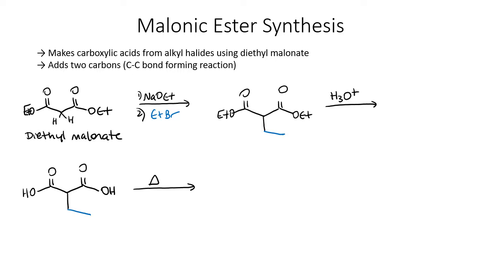Now, I'll go ahead and number the carbons so we can see what's going on. And it doesn't matter which of the carboxylic acids we're losing, but I'm going to go ahead and show the loss of the carboxylic acid attached to carbon number 5.